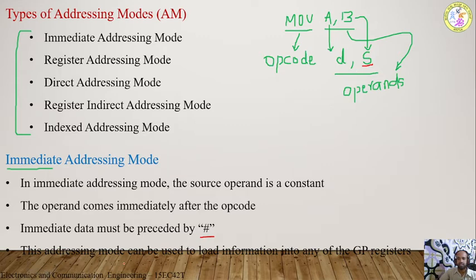This addressing mode can be used to load information into any of the GP registers, meaning general purpose registers. For example, MOV A, B means it is loading data from B to A. Whereas in immediate addressing mode, we load the information into any general purpose register. We have discussed what we mean by general purpose registers.